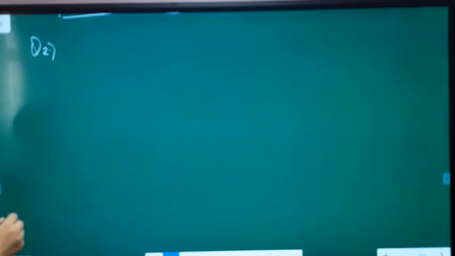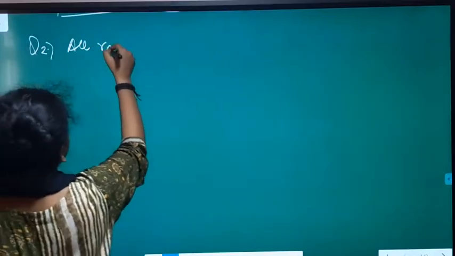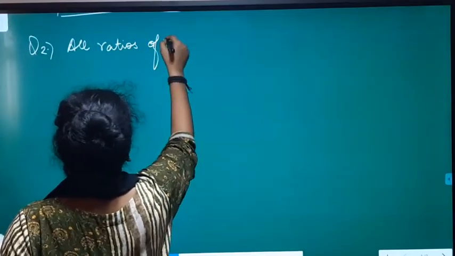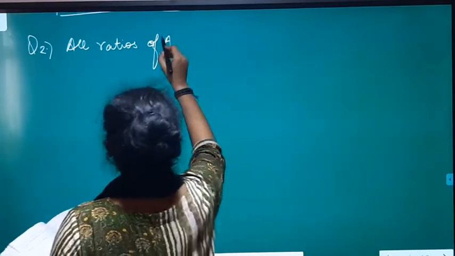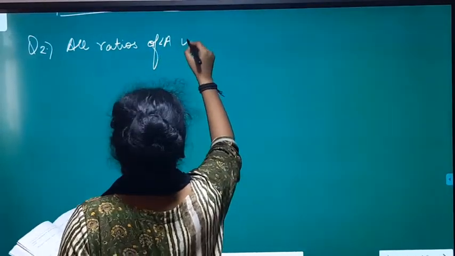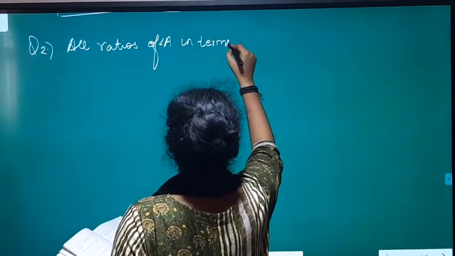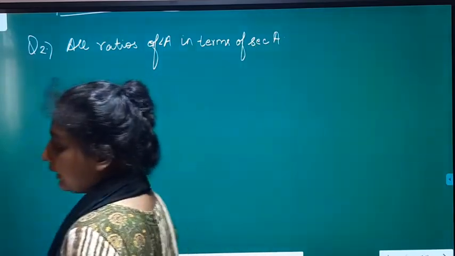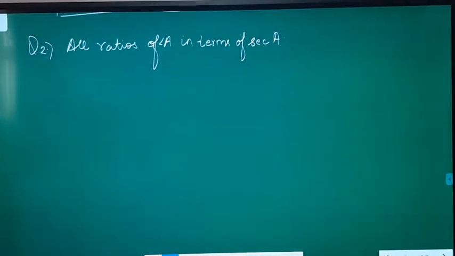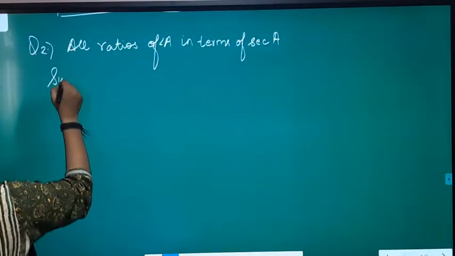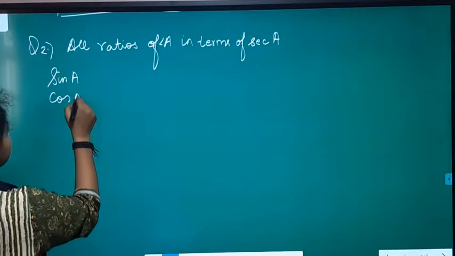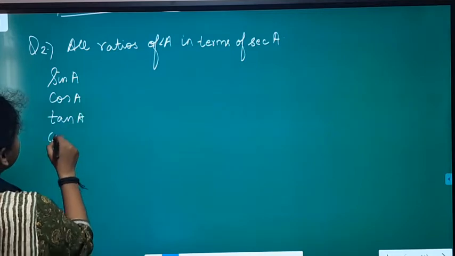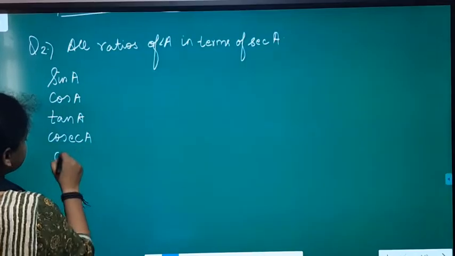In question number 2, we have to write all the trigonometric ratios of A in terms of sec A. So that means we have to write the value of all the 5 ratios, that is sine, cos, tan, cosec and cot.